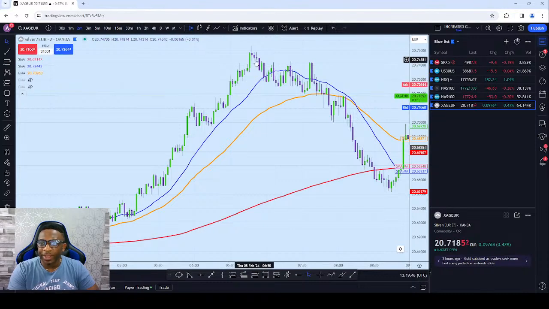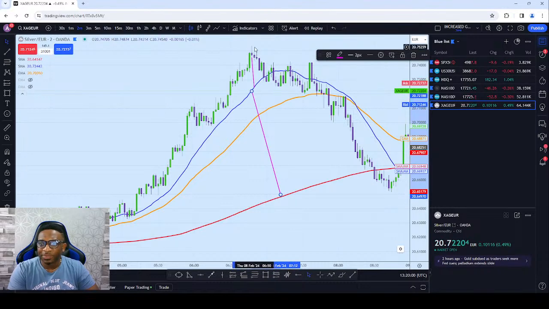When price is away, there is space between price and the moving average, and you find pin bars forming, it's just telling you what is likely to be the next move that is likely to happen. So we have to look out for some of these things.